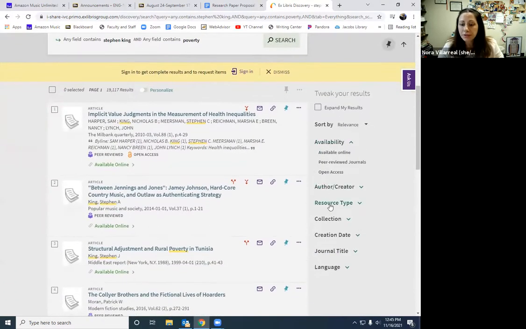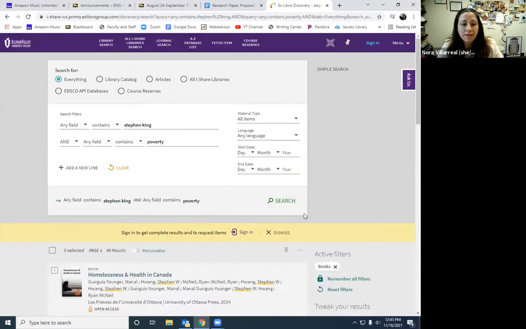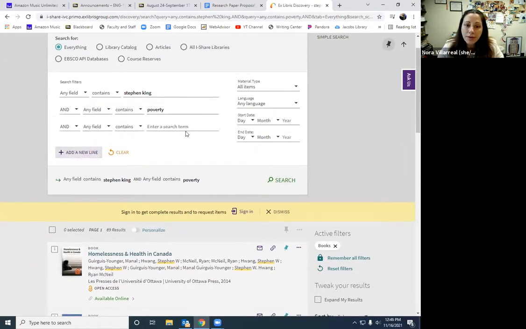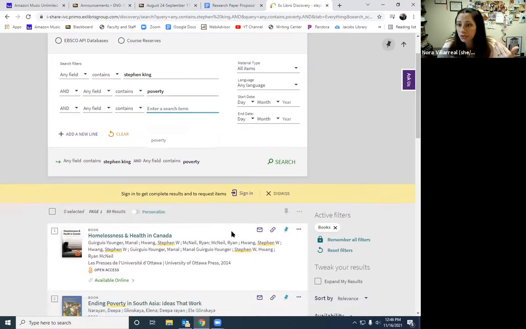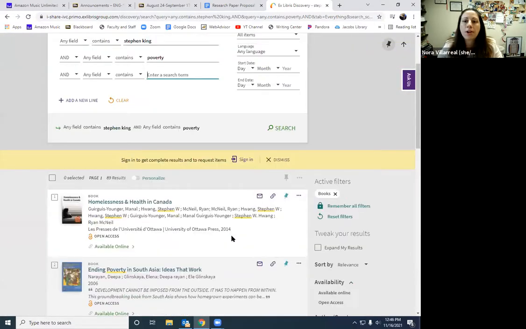So the first thing I'm going to do is come down to my resource type and refine this to only books that we have access to. Now we're down to 89 results, so we're getting somewhere manageable. This is the point where maybe I might add a new line with another search term, or just start scrolling through the books down here to see if anything looks useful for my project.